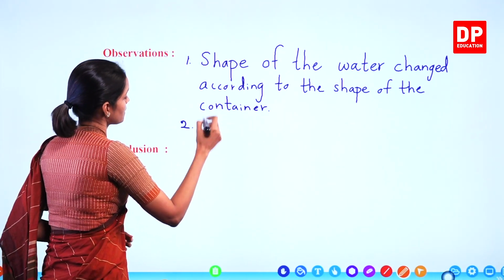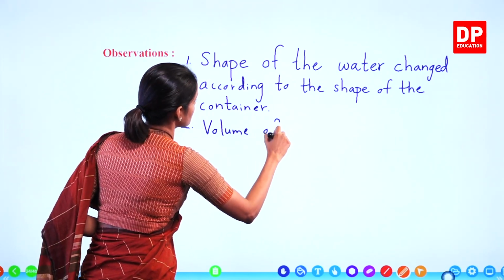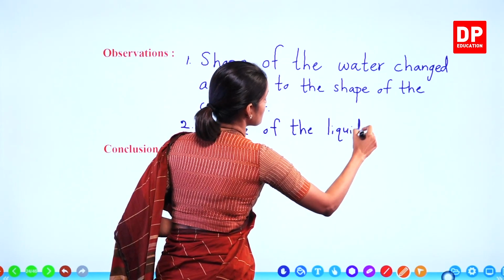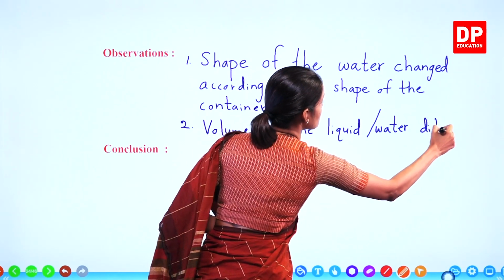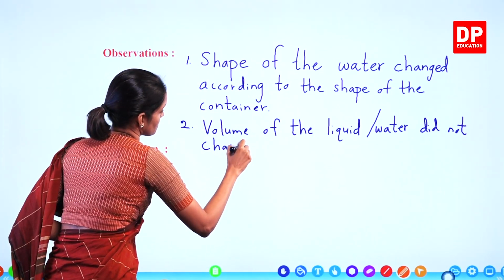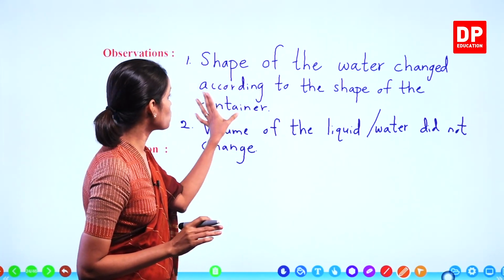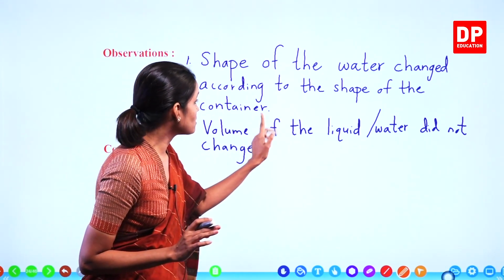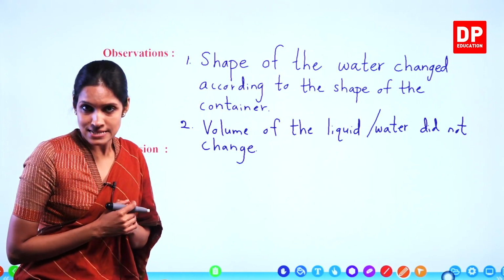Number 2. Volume of the liquid, here we used water, did not change. Okay. Shape of the water changed according to the shape of the container. Okay, but volume of the liquid or water did not change according to the shape of the container.